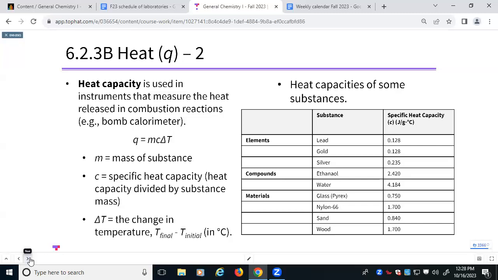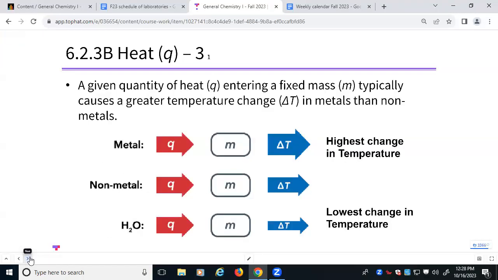If I make comparisons, nonmetals and water, I can see that as I go toward water, my specific heat values start to get higher and higher, which makes them less and less likely to change temperature, which is one of the reasons why it takes forever to boil a pot of water.